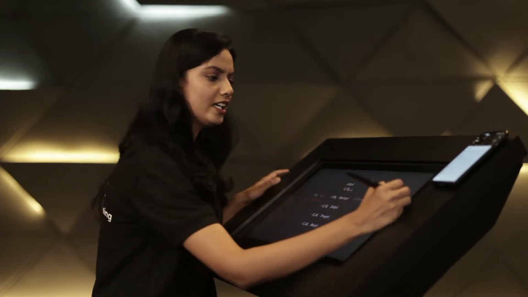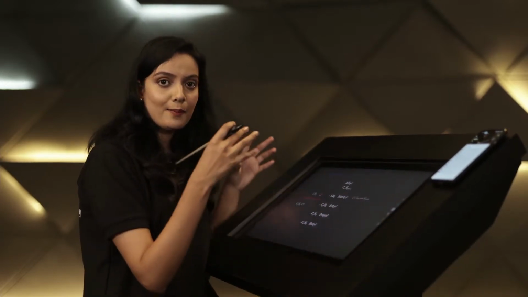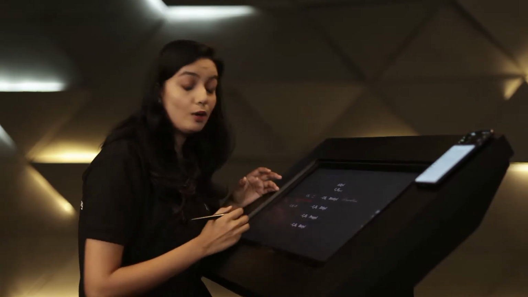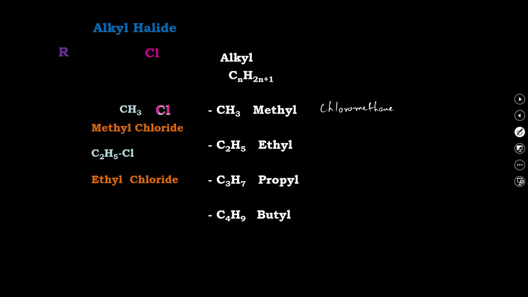Similarly, if I combine chlorine with ethyl, the formula comes out to be C2H5Cl and the name is ethyl chloride, and according to IUPAC it is named chloroethane.